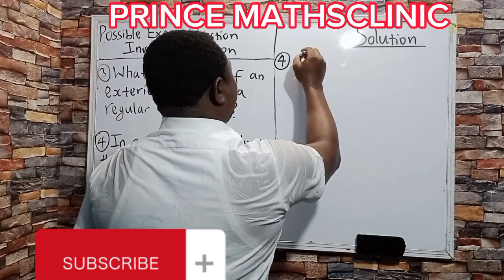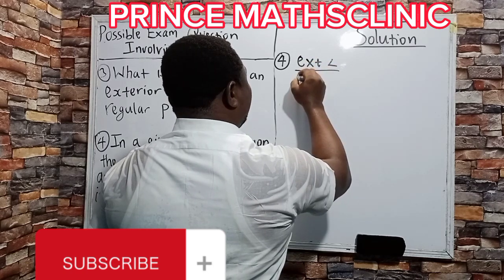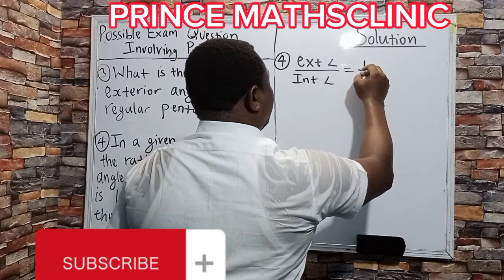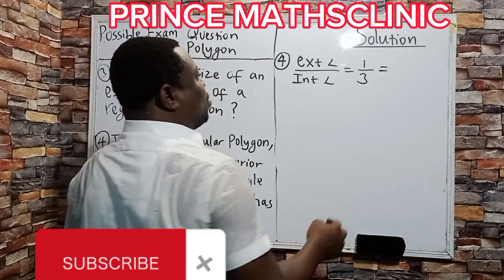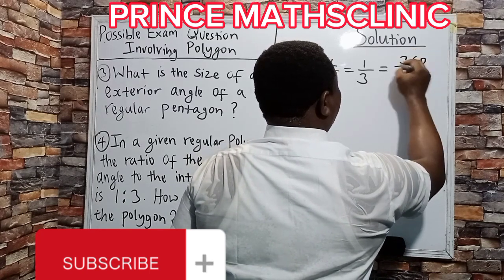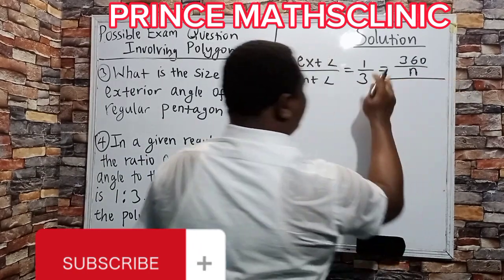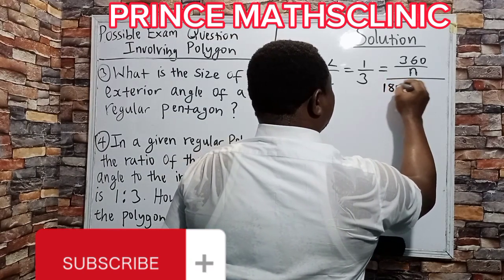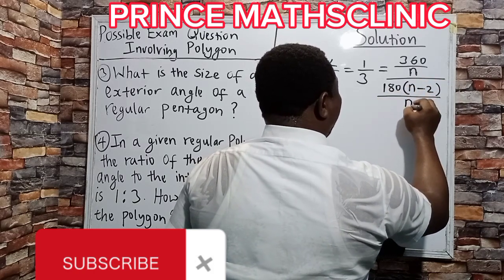So I'm going to say exterior angle over interior angle, which is 1:3. Is still the same thing. We know that to find one exterior angle is to say 360 degrees divided by n. That is for the exterior angle. Then to find one interior angle is to say 180 degrees, n minus 2, everything over n.